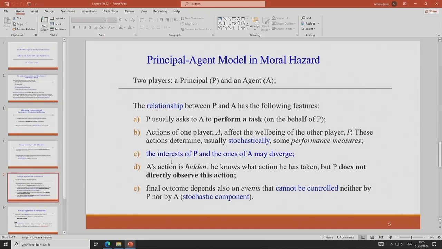Somebody else. Yeah? In game theory, you don't know what the other person's doing, whereas obviously a husband and wife know what each other is doing.